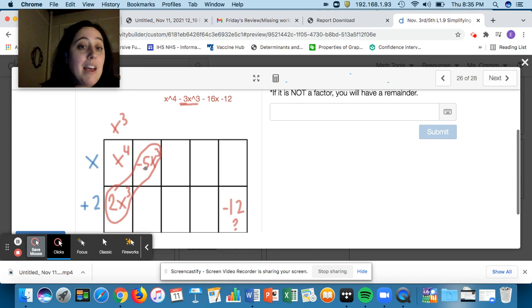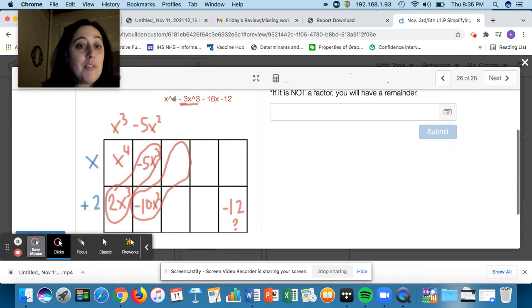Now that I have that, I know x times negative 5x squared. Negative 5x squared times a positive 2 would give me a negative 10x squared. Now this has to combine with its diagonal to give me the x squared term in the original.